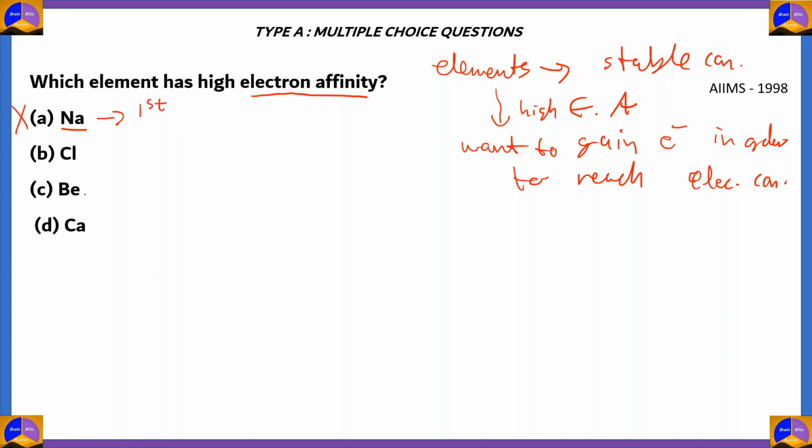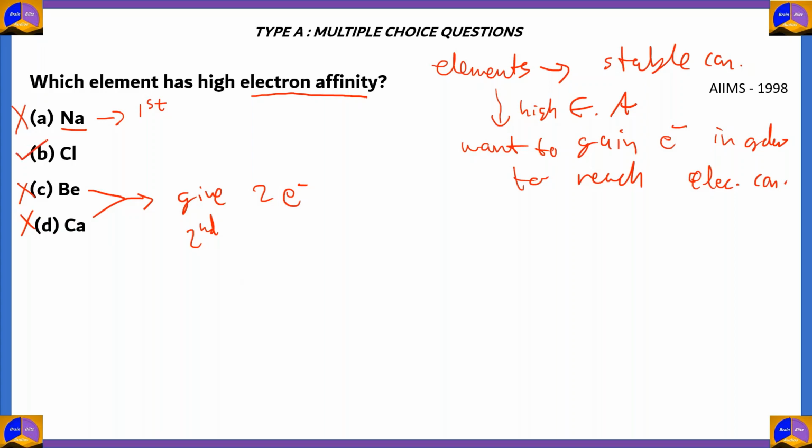Option C and option D, which is beryllium and calcium, both want to give away 2 electrons in order to reach their stable electronic configuration. So they won't have high electron affinity. C and D are incorrect. And these are present in the second group, the alkaline earth metals group of the periodic table.